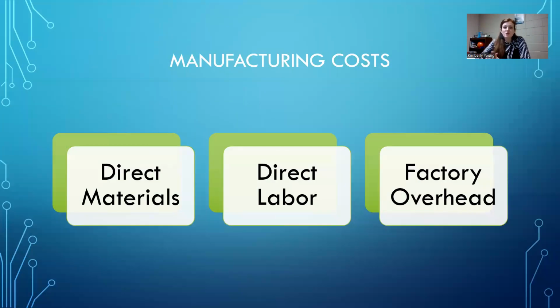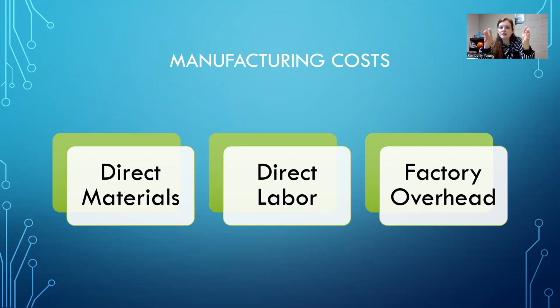So when it comes to manufacturing, so we are making a product, our costs are going to be direct materials. Anything that we know, like the bicycle tires or the pedals, those are materials that we can clearly identify how much of each material goes into each product.